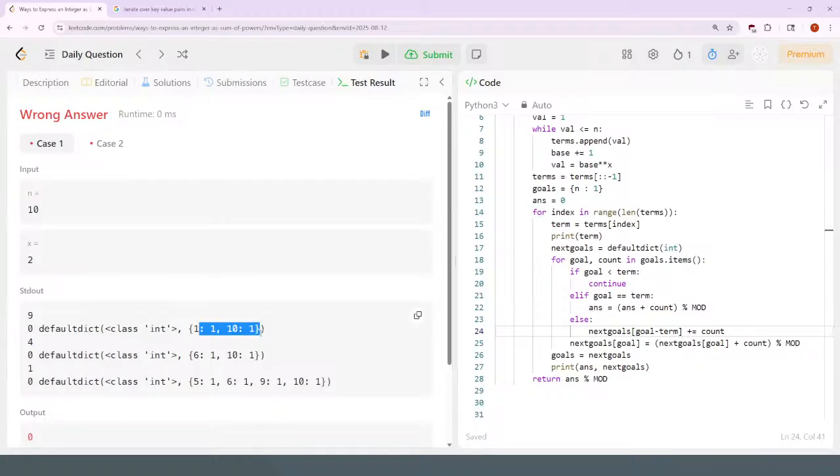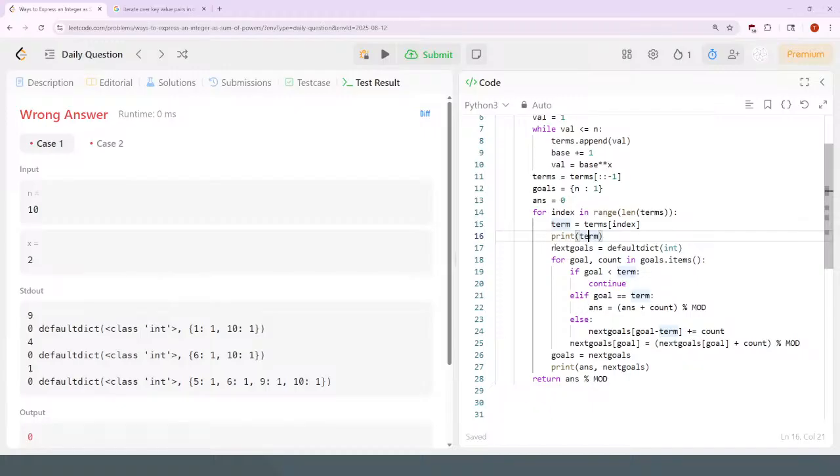So the next round you have a goal of 10 if you skip the 9, or you have a goal of 1 if you subtract the 9. Okay, that's fine. Next round the term is 4. And you can skip subtracting the 4 from the 10, so it'd be 10, 1, or you can subtract.